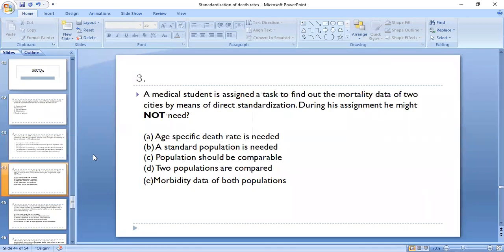The third MCQ is: a medical student is assigned a task to find out the mortality data of two cities by means of death standardization. During his assignment, which of these might he not need: a specific death rate, a standard population, comparable populations, two populations to be compared, or the morbidity of both populations?